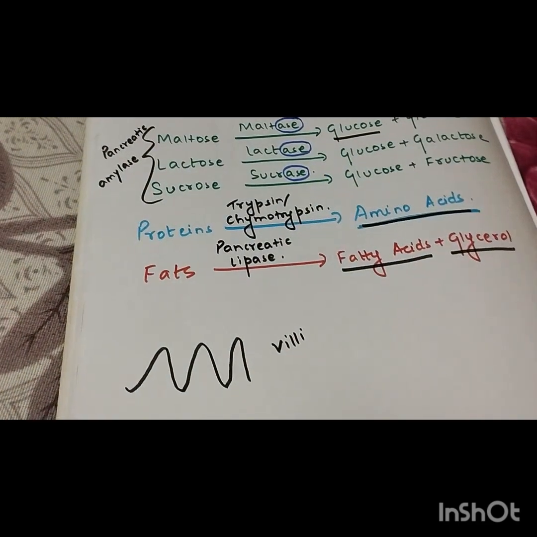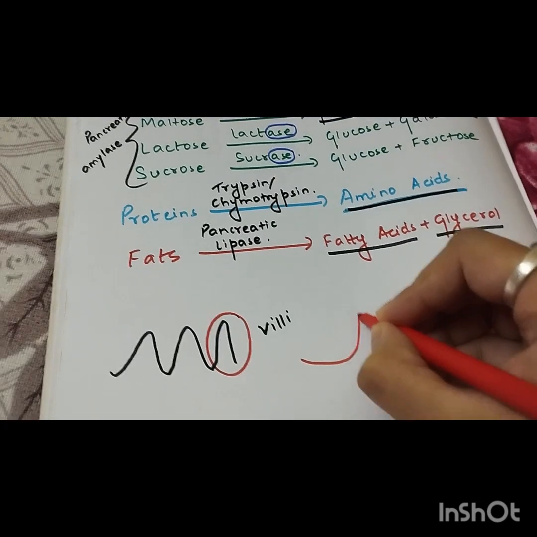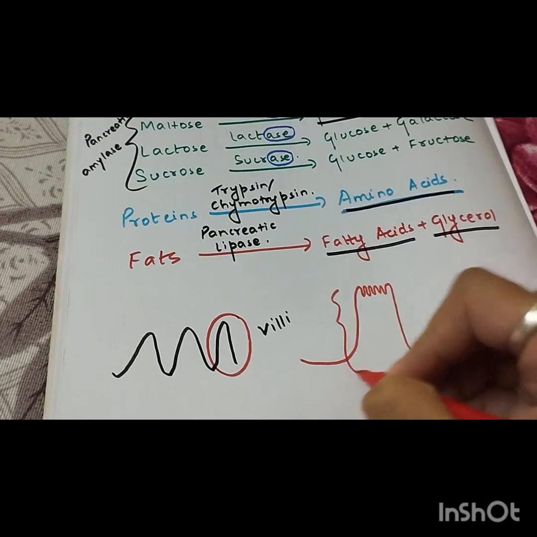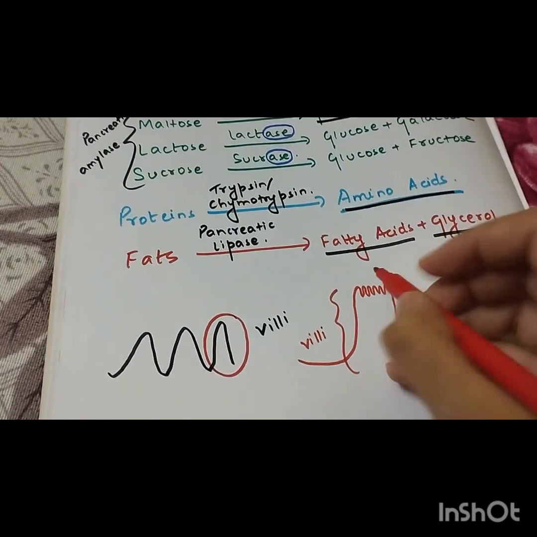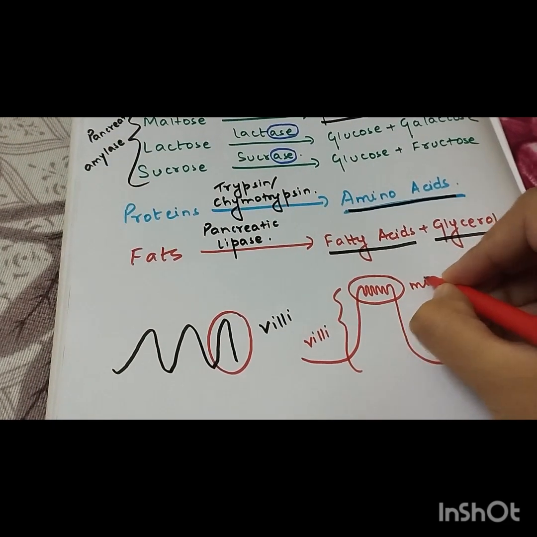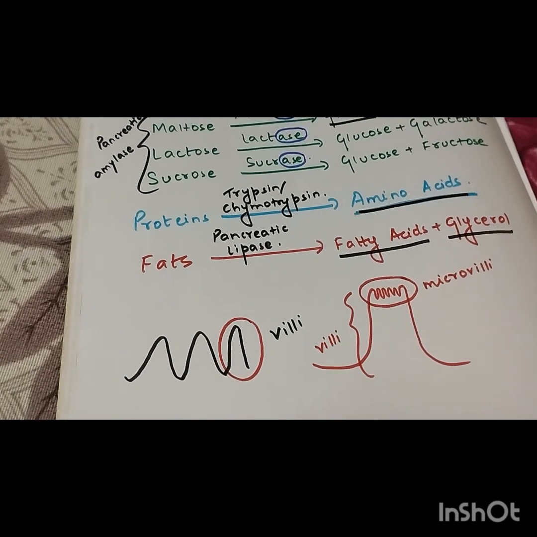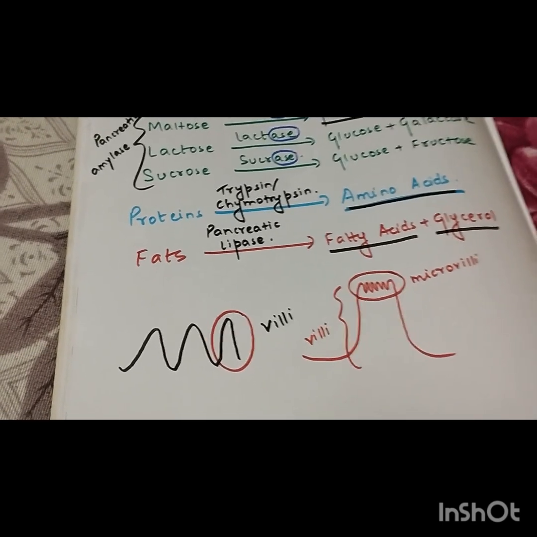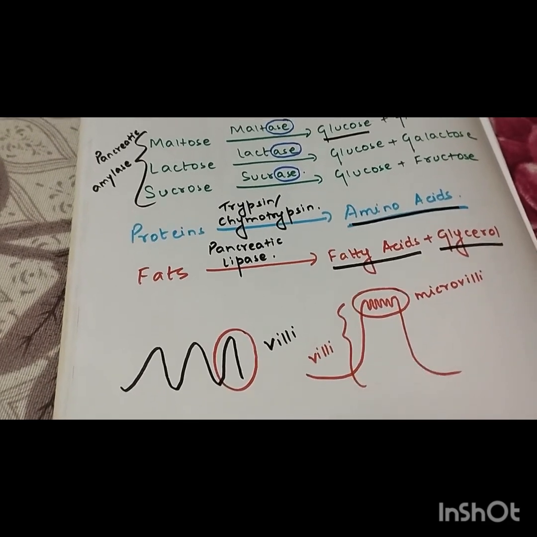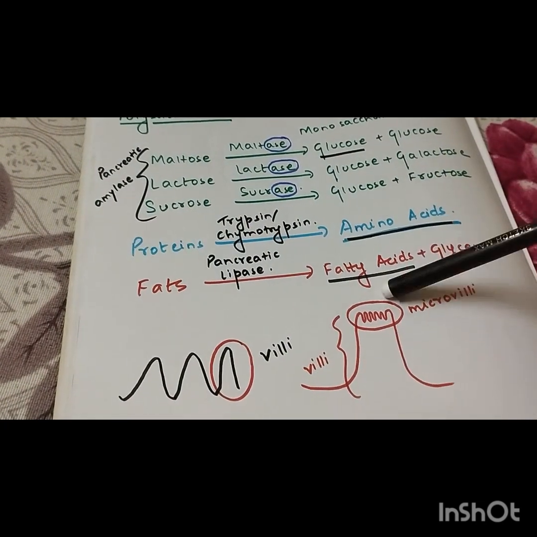If we zoom in on one of these finger-like projections, the villi, it has micro projections on the top. These micro projections on the top of the villi are known as microvilli. This increases the surface area of the villi itself, increasing the rate of absorption of all the nutrients that are broken down from carbohydrates into glucose, proteins into amino acids, and fats into fatty acids and glycerol.